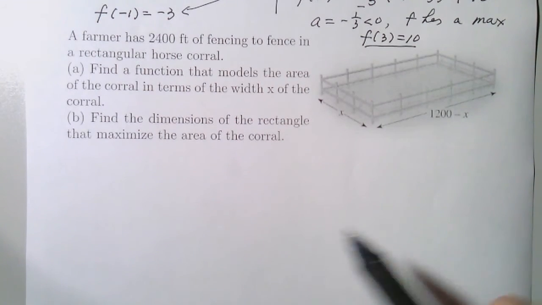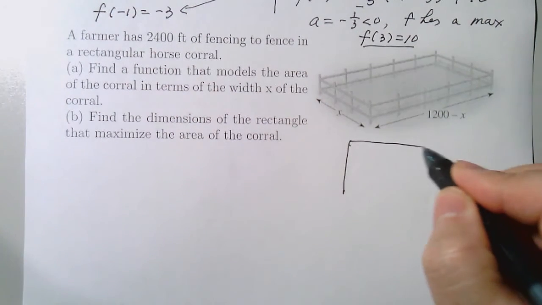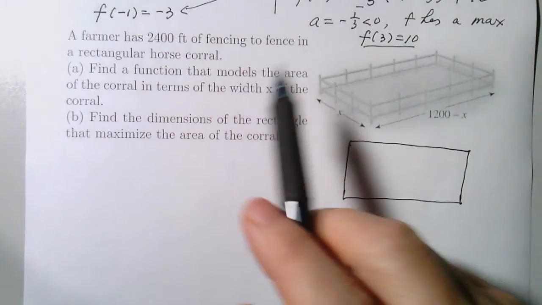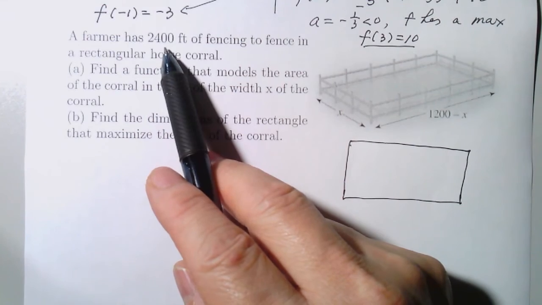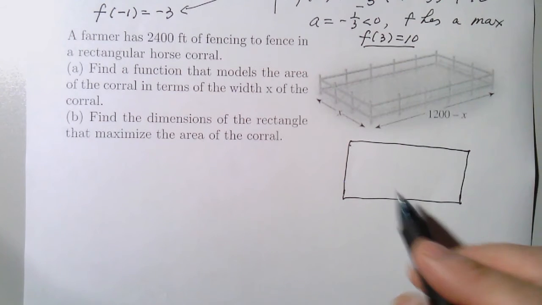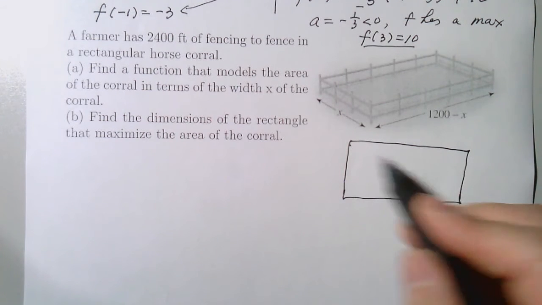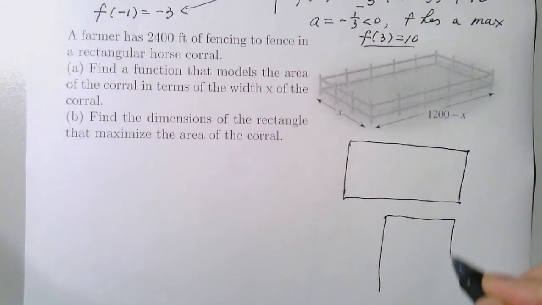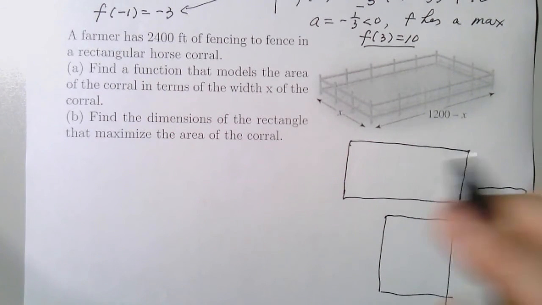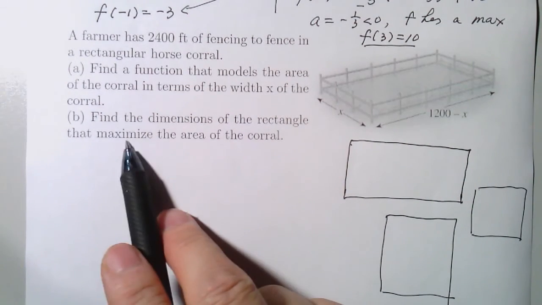With 2,400 feet of fencing, you can make many different rectangles, this way or this way, but we want to maximize the area.